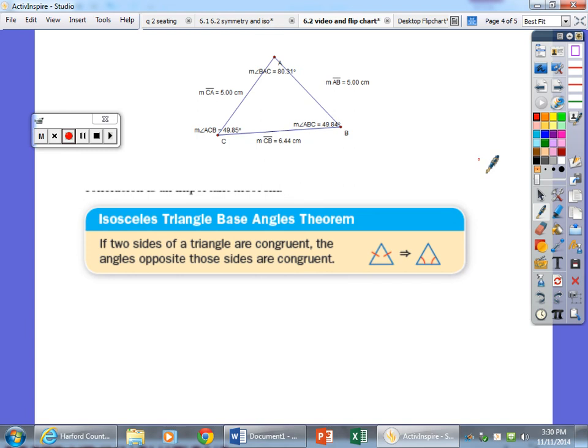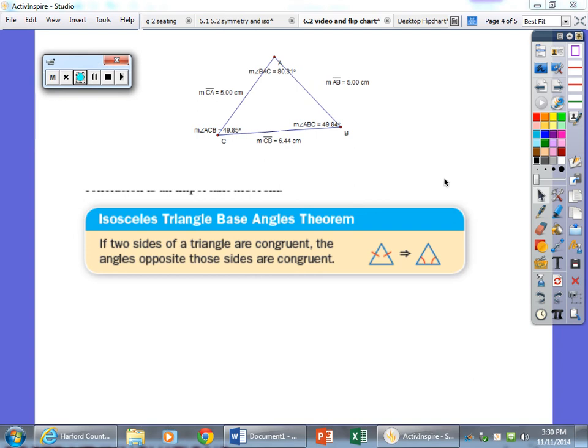Okay, this is a sketch that you worked on today in Geometry Sketchpad. In this sketch, I have two congruent sides. This side and this side are congruent. When I asked you to look at the angle measures, I hoped you would notice that this angle right here is congruent to this angle right here.